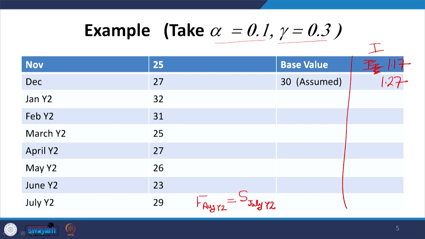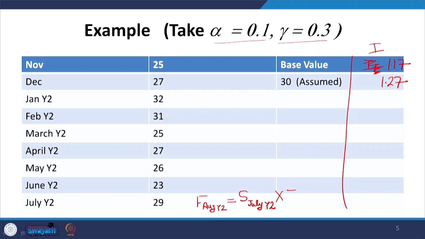And since I am talking of ratio seasonality, I will multiply this value of base of July year 2 with the seasonal index of August of year 1.